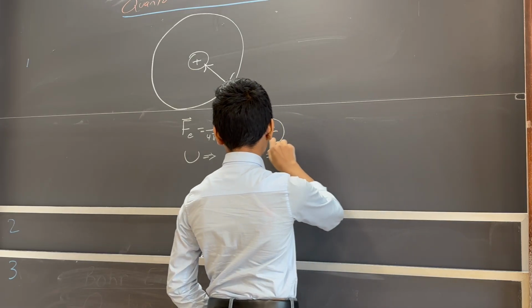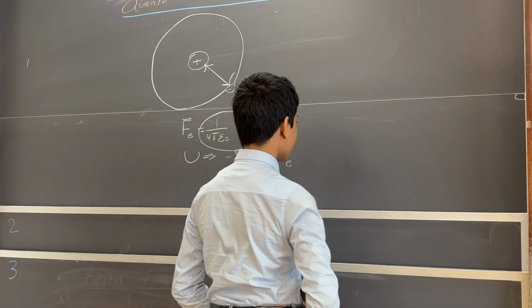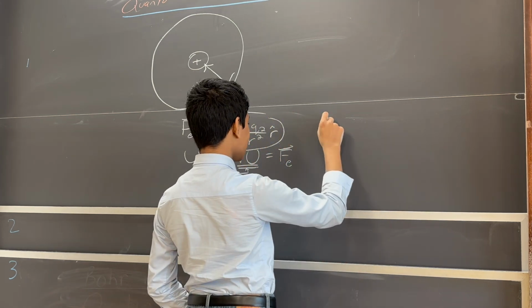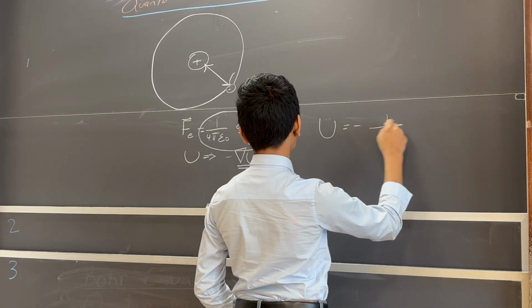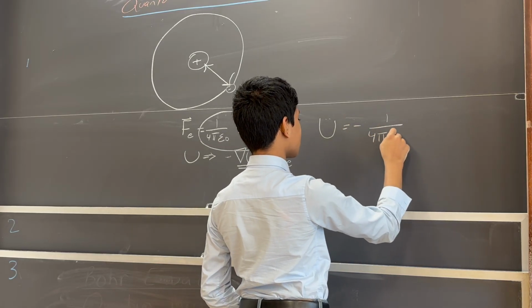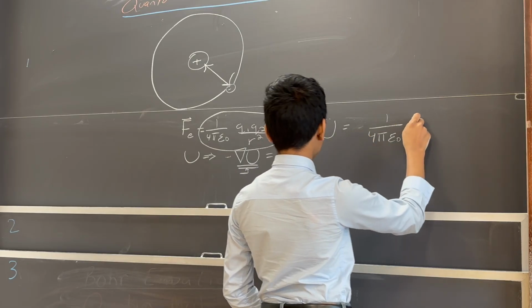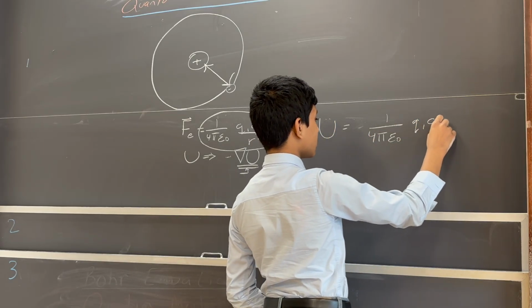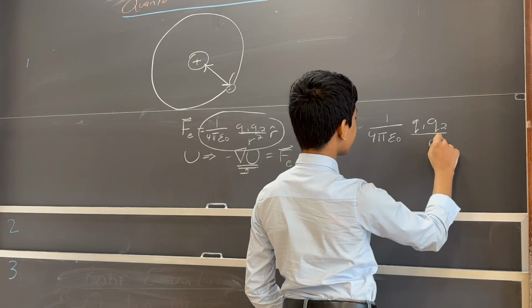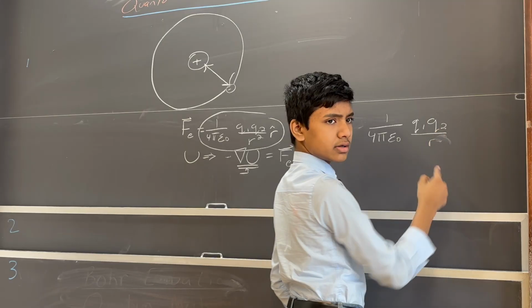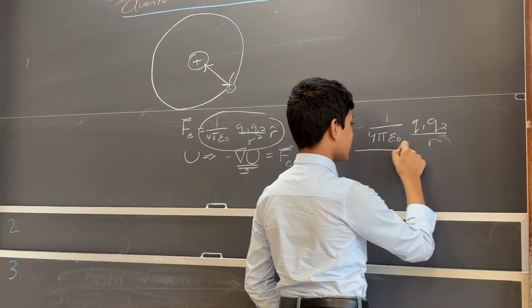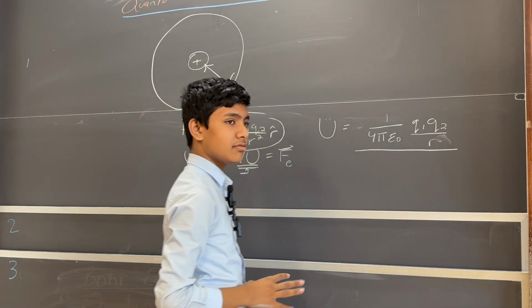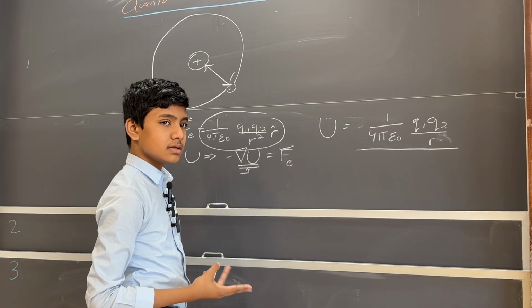So, what do we get here? Well, because of the way that Fe is acting, we get that U is minus 1 over 4 pi epsilon naught Q1 Q2 over R, and this is the equation that we got at the end of the day.